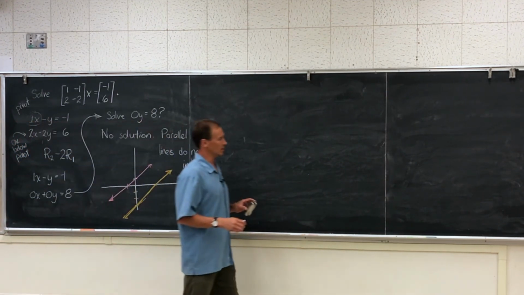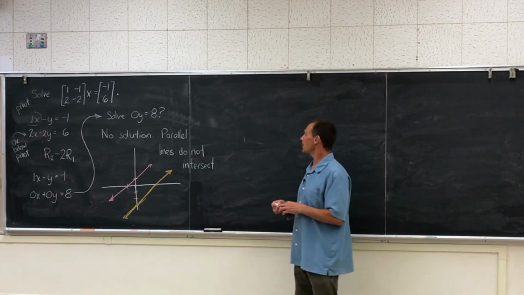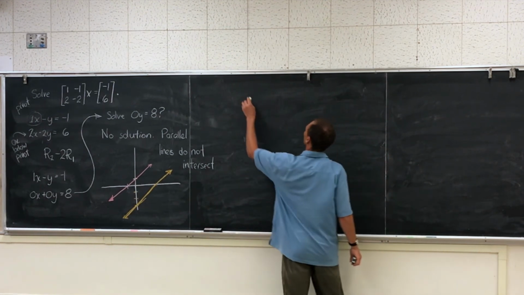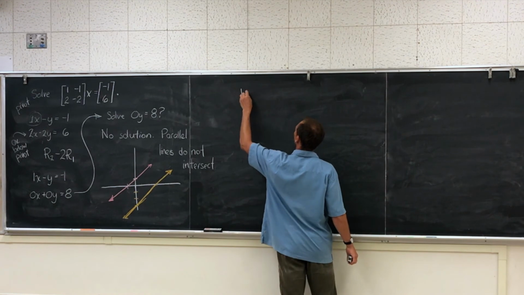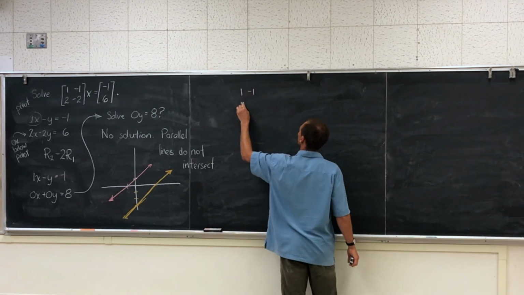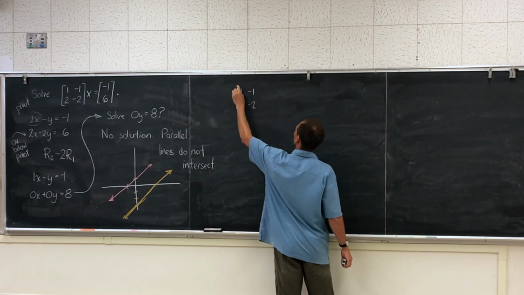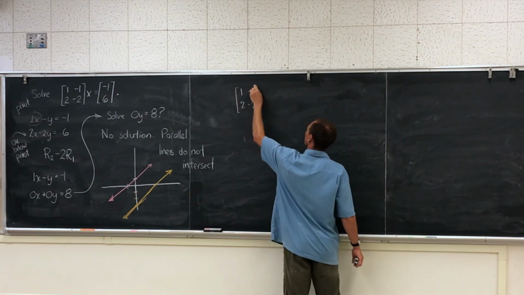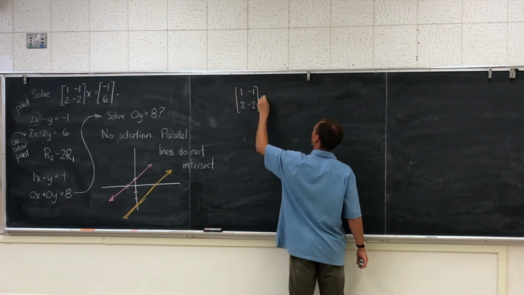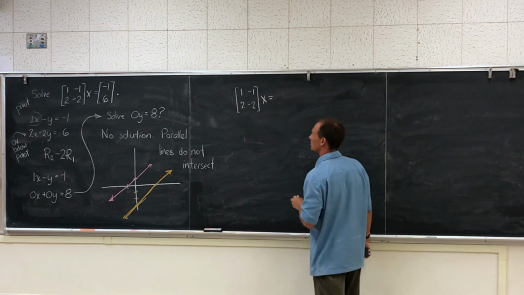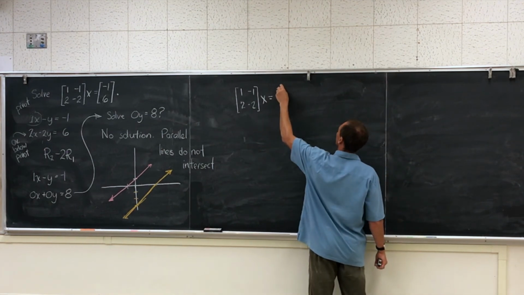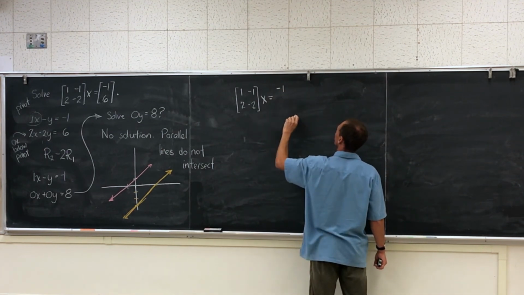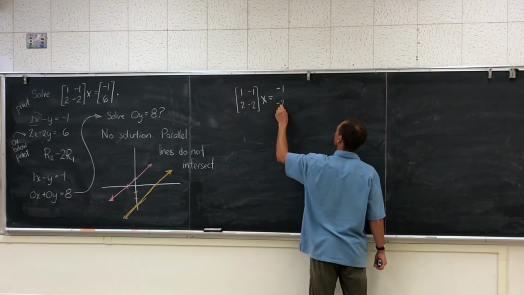So we have one more of these. Let's try one more. And let's change that problem ever so slightly. How about [1, -1; 2, -2] times the vector of x is equal to, how about [-1; -2]?